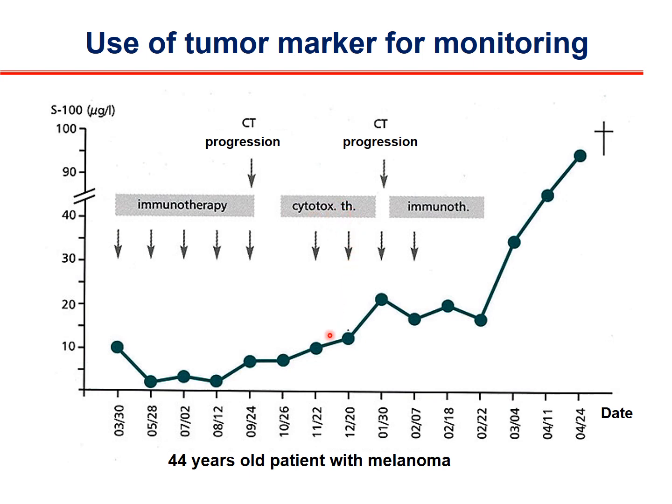The cytotoxic therapy didn't work much, and the progression was confirmed by CT, and immunotherapy came into the picture again, and now we have this plateau phase. But when the immunotherapy didn't work, the tumor marker level increased linearly or exponentially, and the patient died.